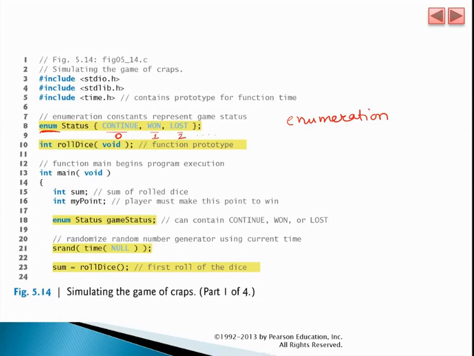So for the computer, continue is equal to 0. This is a sort of symbolic variable, where the value of continue is 0, the value of won is 1, the value of lost is 2. So this is how you can mention it. Whenever you use this word continue, the computer will treat it as 0.